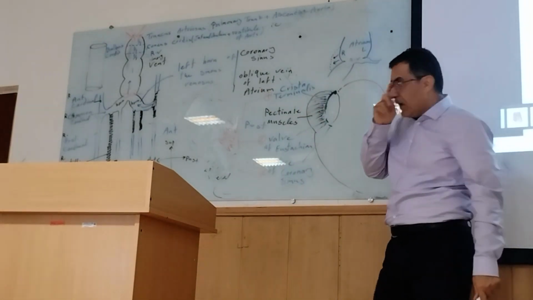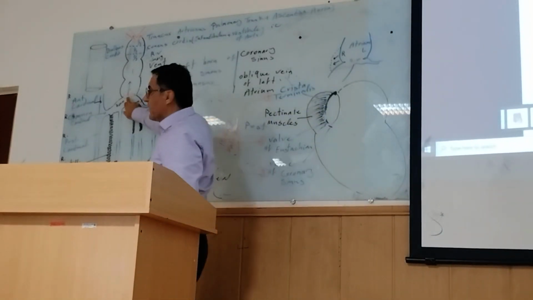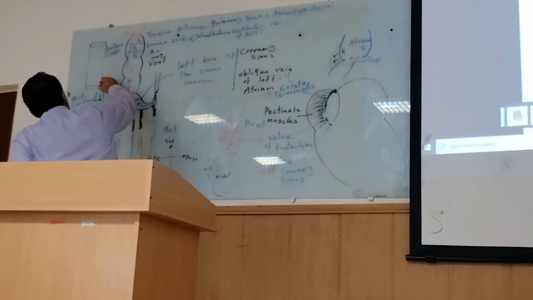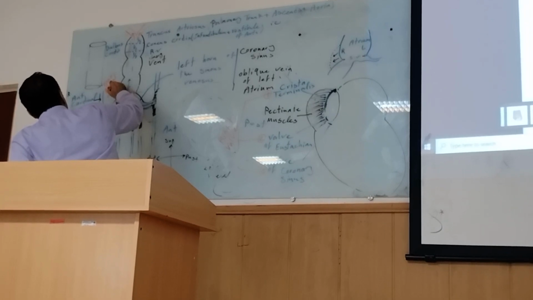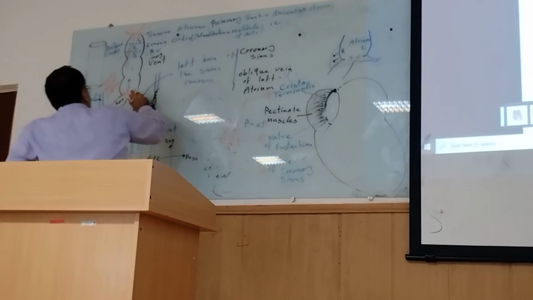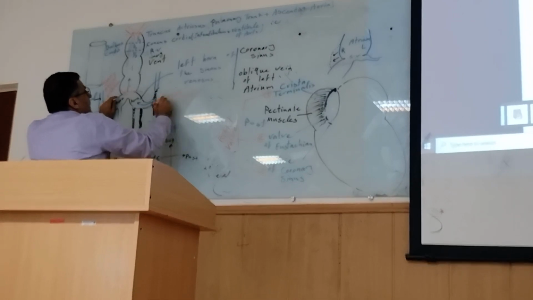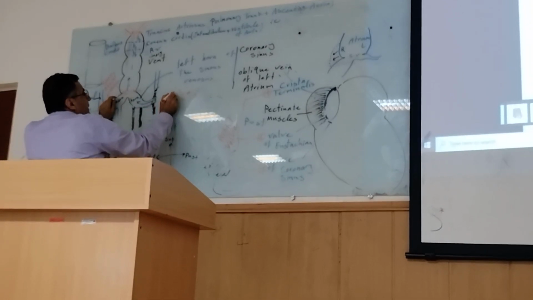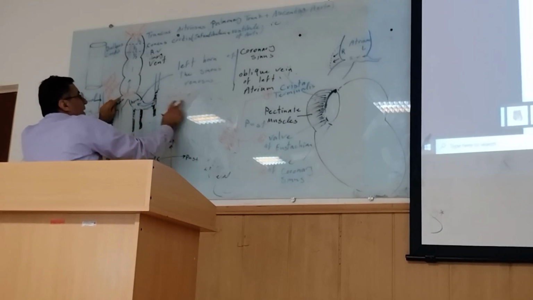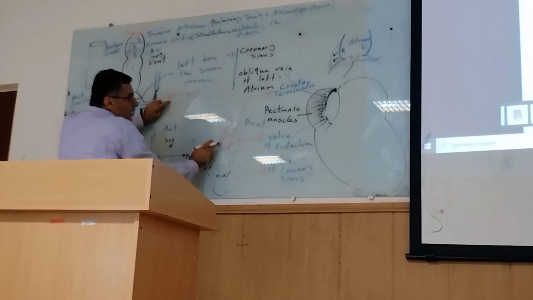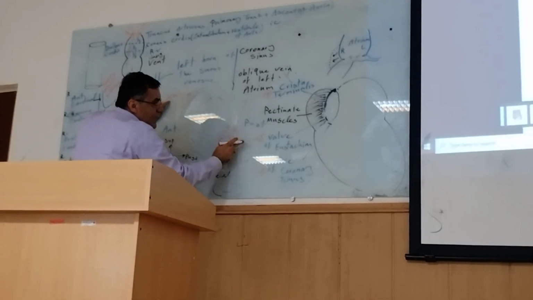Right valve, not wall. Here we have two valves, a right valve and a left valve. The right valve makes three structures in our body.